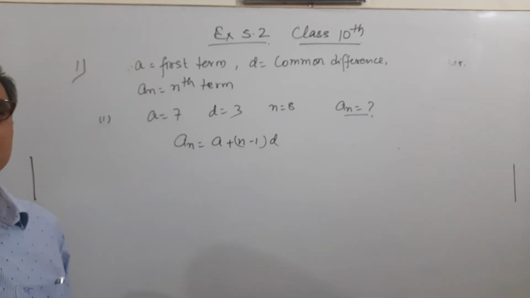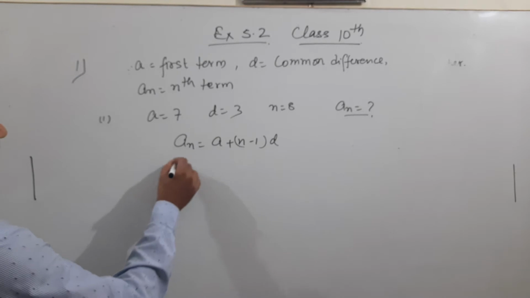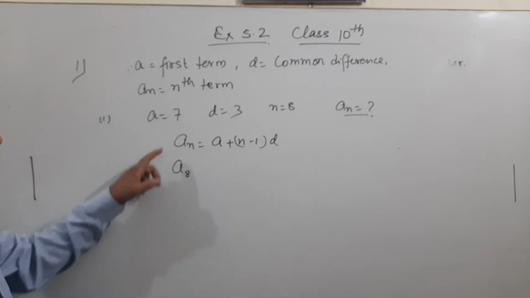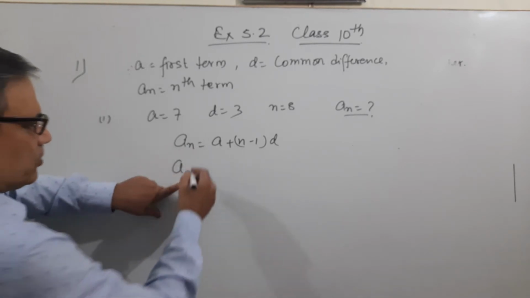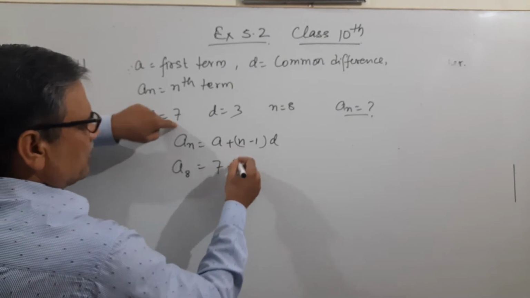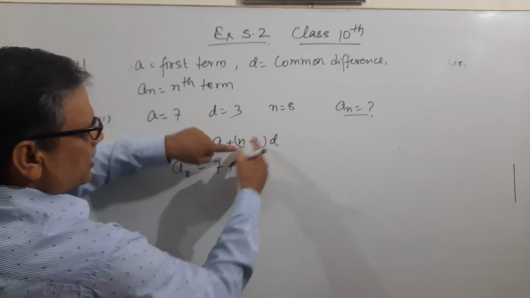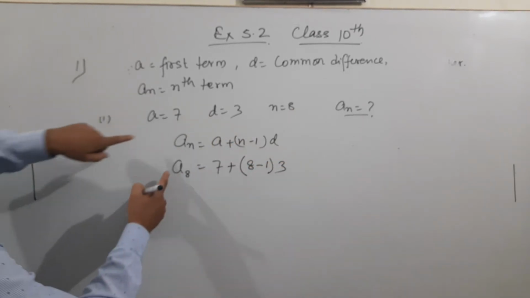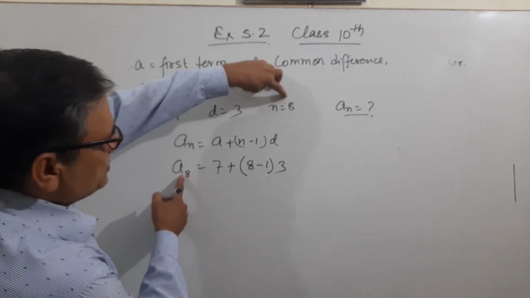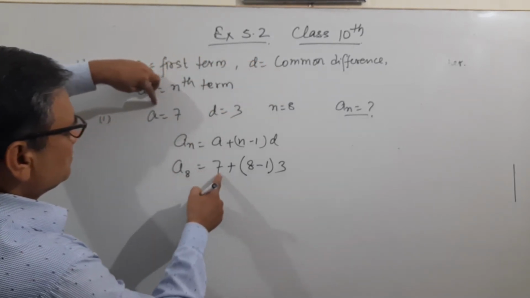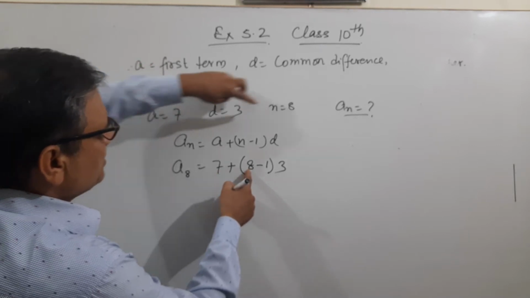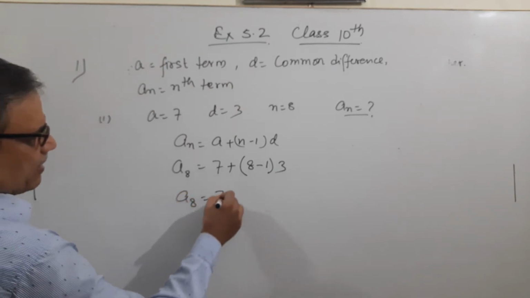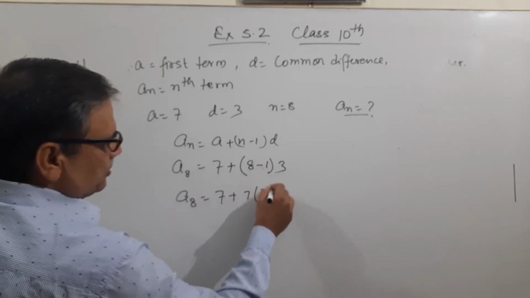We know the formula An is equal to A plus N minus 1 into D. Here N is 8, so A8 is equal to 7 plus 8 minus 1 into 3.